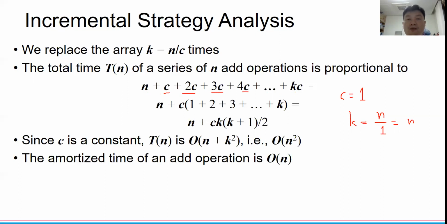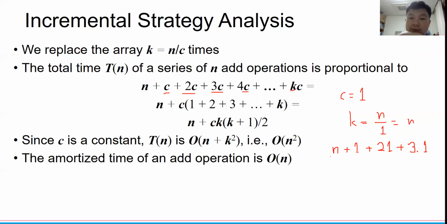So for example, c equals 1, then whenever I have n elements, when I add one more, I will add 1. If I have another element, I will add 2 multiplied by 1. And then if I have another element, I will add 3 multiplied by 1, and so on. So this is a series of operations until k.